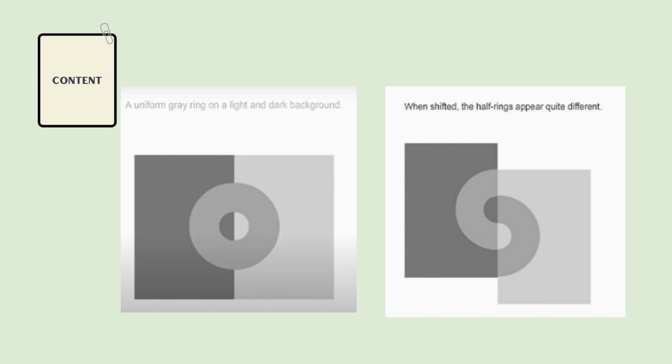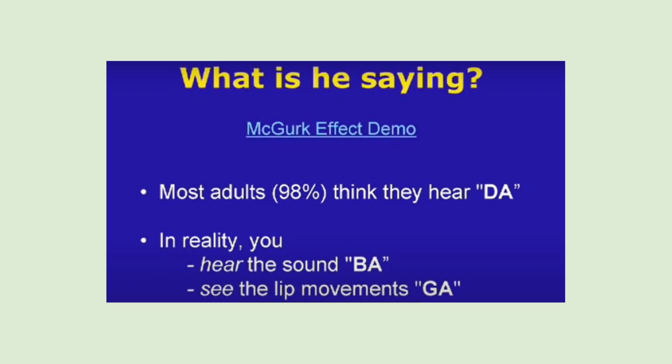So if we move the colors or the squares a little bit, we are going to notice that the color is different. We see the color in a different way, more dark in one place and lighter in the other, and it's amazing.